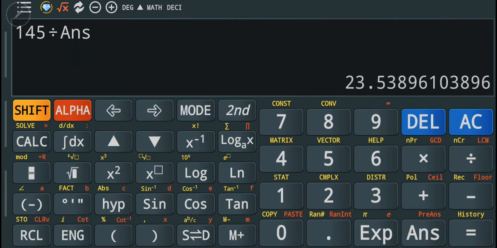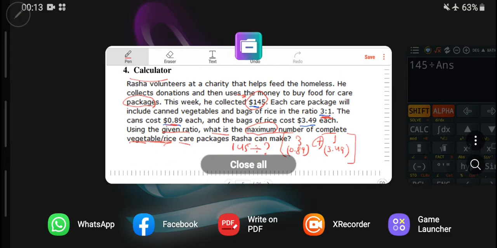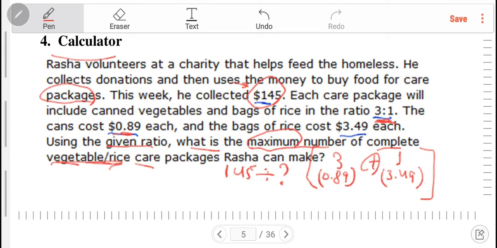So the maximum number of packages is roundly 23 packages. 23.5 is wrong. That's right, so it's just 23 packages. Thank you very much.